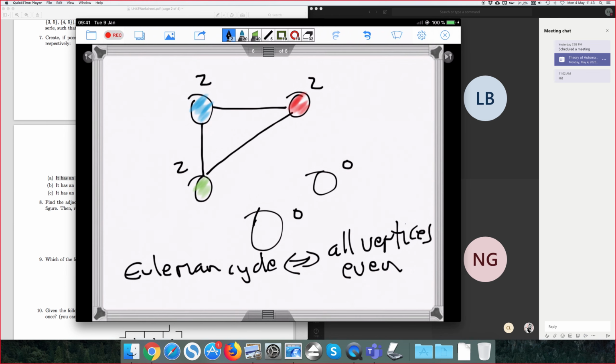So in this case this is impossible. In cases A and B, I can obtain the graph as expected, but not in this case. Okay, any question about this exercise?